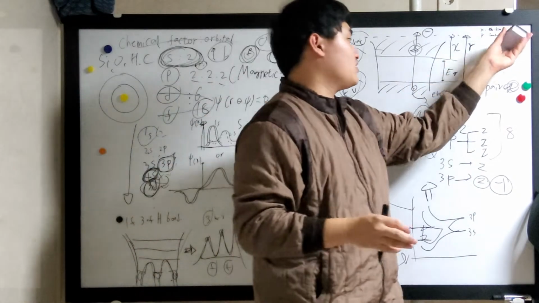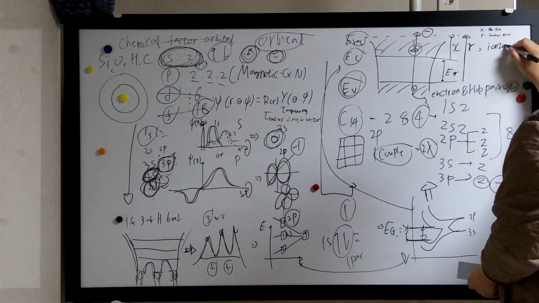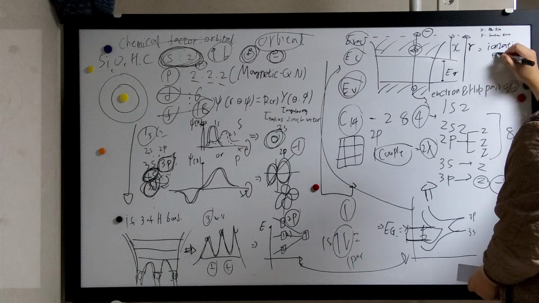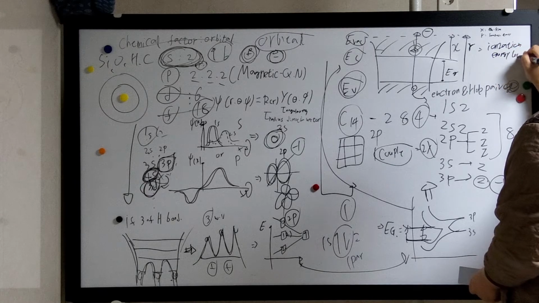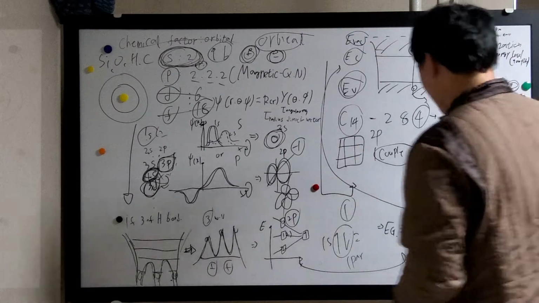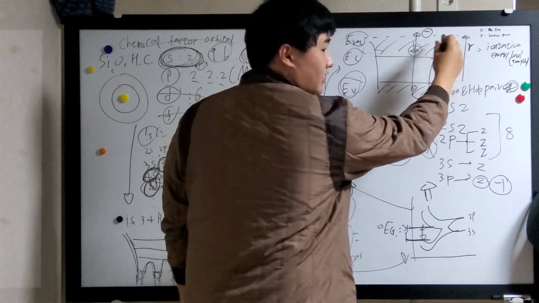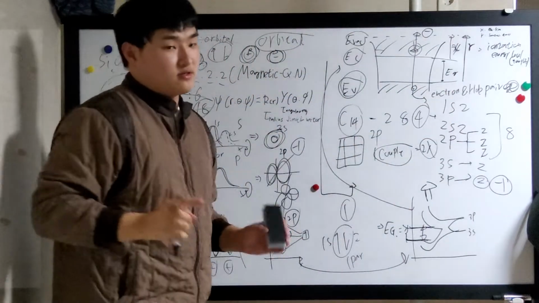So ionization energy level or quantity, right? And for chi here, from the conduction band to the vacuum energy level state.